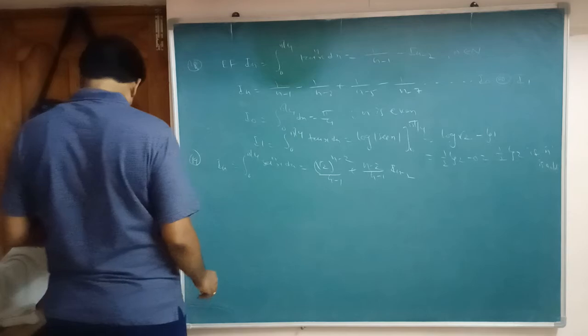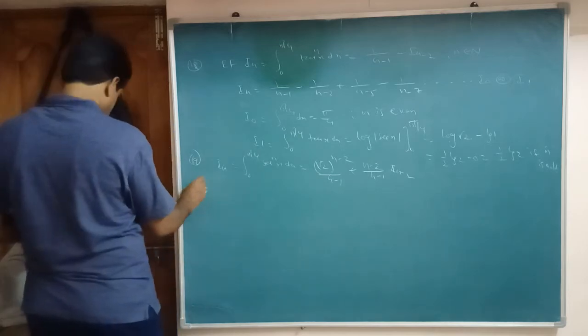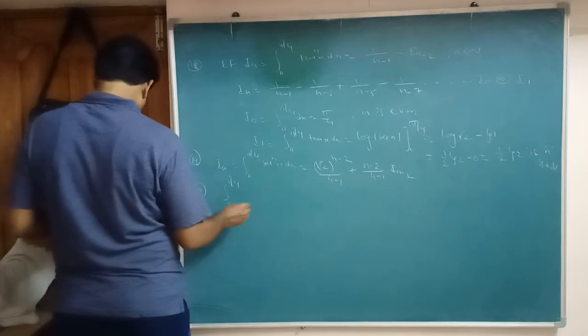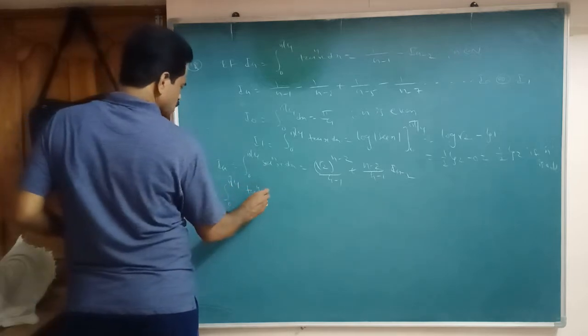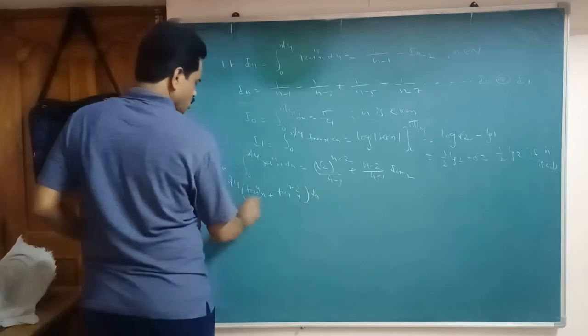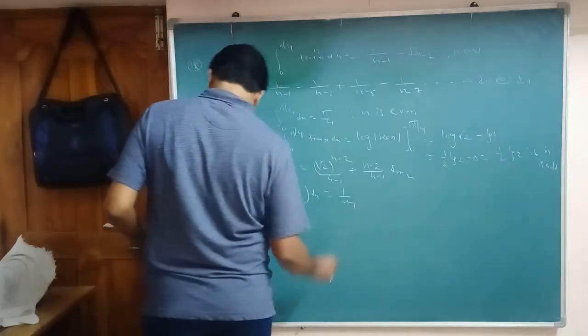Next, 28th, integral 0 to pi by 4 tan power n x plus tan power n minus 2 x dx equal to 1 by n minus 1.